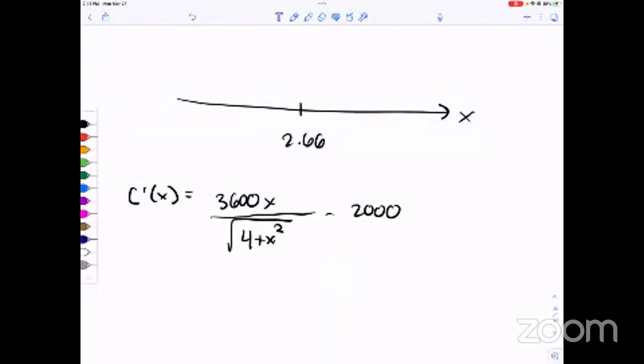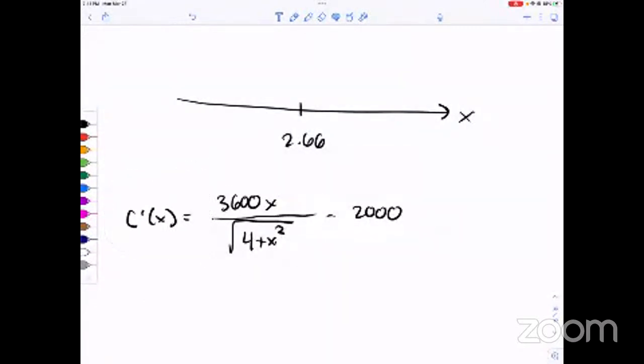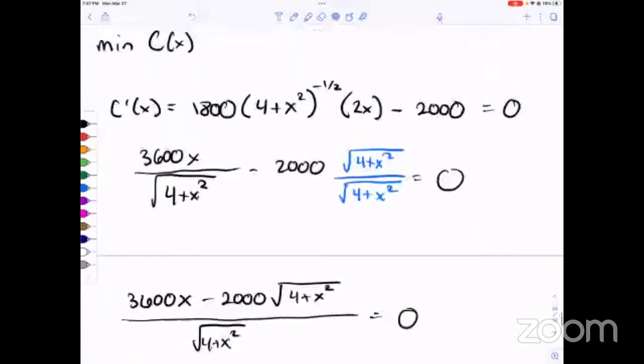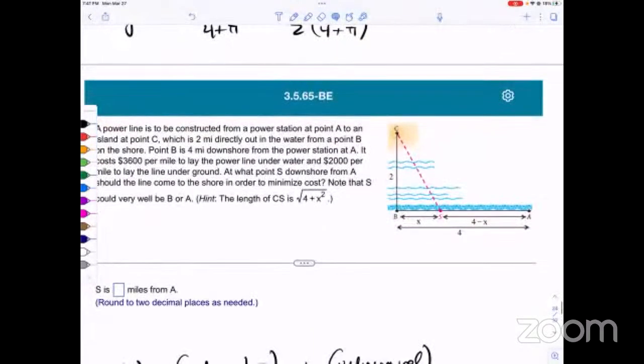Oh, because the original asked us to solve for S, and S is going to be how far down from A we are, right? So S is this guy right here. So that's where I got the 4 minus x from.